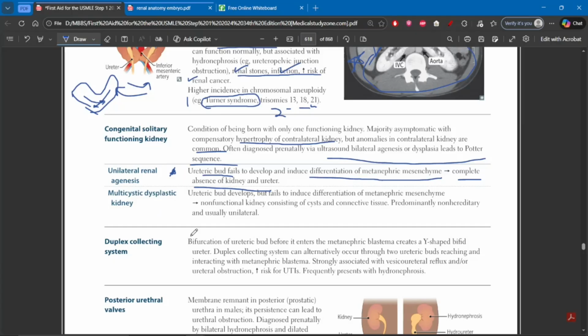Multicystic dysplastic kidney is when the ureteric bud develops but fails to induce the differentiation of metanephric mesenchyme. So there is a non-functional kidney consisting of cysts and connective tissue, predominantly non-hereditary and usually unilateral.